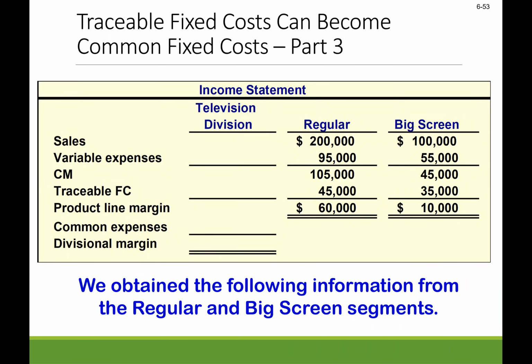We see the sales of regular, the sales of big screen. So we see the product line margin for regular, the product line margin for big screen.